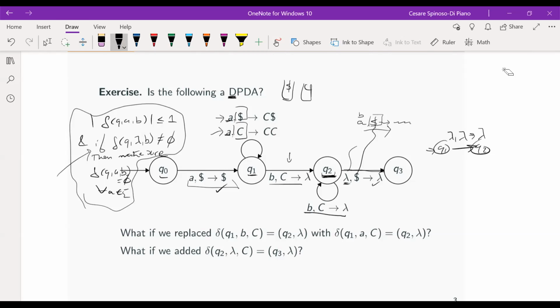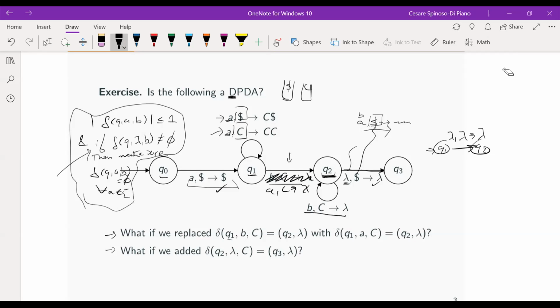Okay, so very good. Now there are a couple of questions here, basically the questions that you naturally ask. What if we replaced Q1 B,C to Q2 lambda with Q1 A,C to Q2 lambda? So if you replaced this one here with A, C goes to lambda.